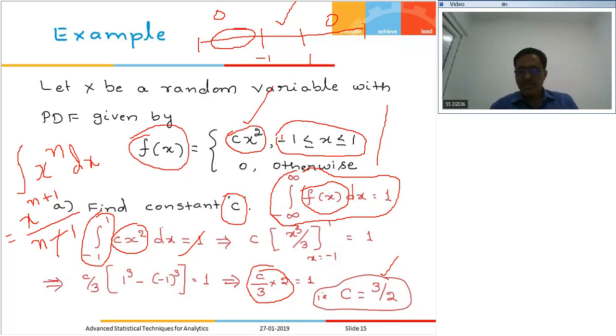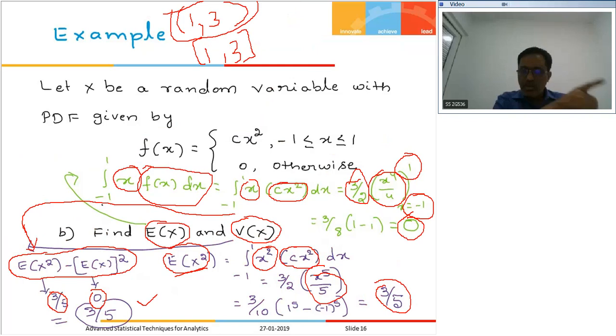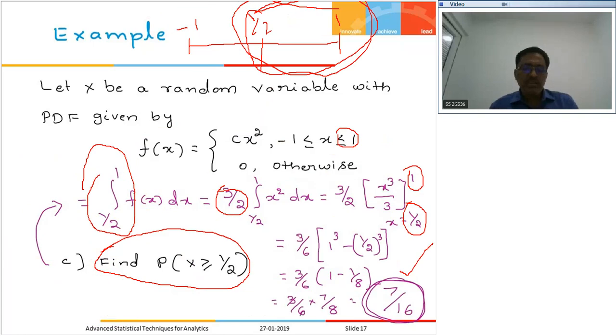To get C, we use the validation property: integrating c x squared between minus 1 and 1 and equating it to 1, because total probability is 1. So here C is taken from the A part, that is 3 by 2.